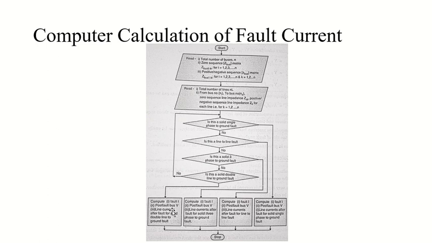So both fault current and voltages need to be calculated, and the voltages and currents during these faults are used to set the relays. So the quicker you calculate the voltages and currents, the better it is for us, right? You have to calculate it as fast as possible.